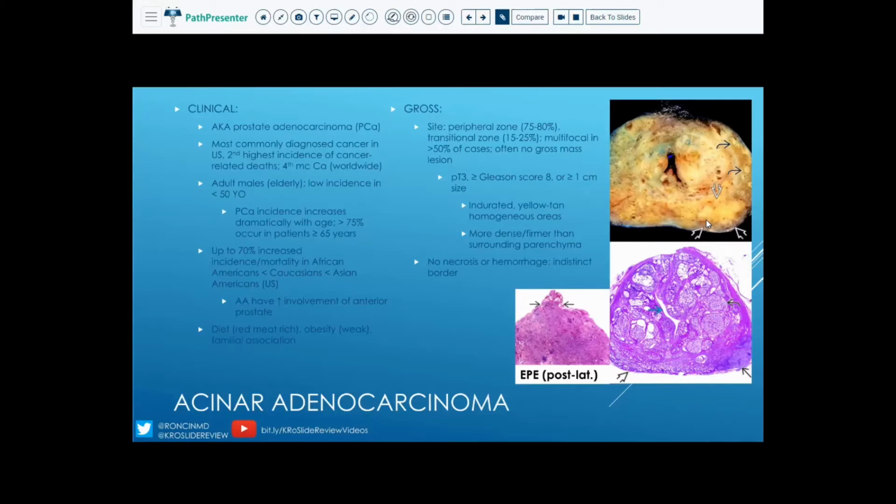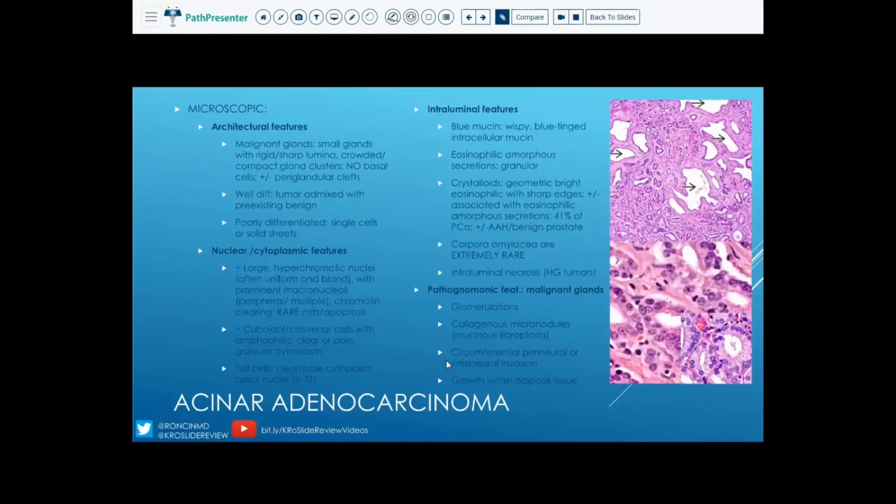You would think that adenosis can be firm, but grossly it doesn't really have anything that you can appreciate. You shouldn't see necrosis or hemorrhage, and you shouldn't have a really well-defined border. It should be somewhat blurred, which is why microscopically the lesions tend to be much bigger than what they are appreciated grossly, if you are able to appreciate something.